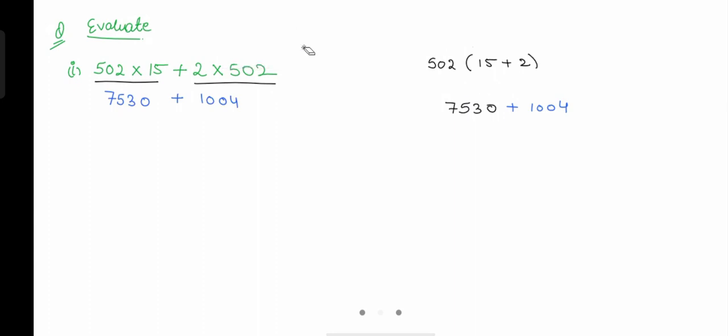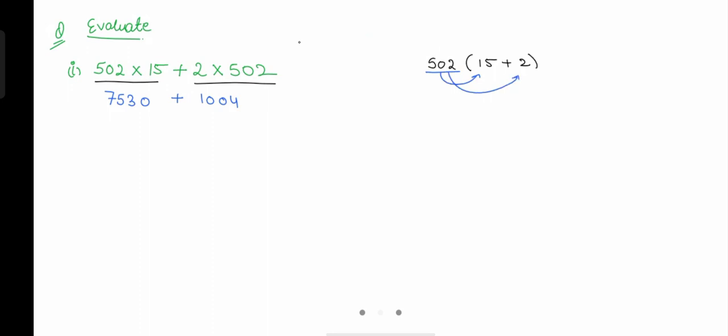So I'm just going to erase everything over here and redo this question to tell you how this is similar to this. Okay, see, what I have done is I have 502, and I multiplied it with 15 and 2 individually.